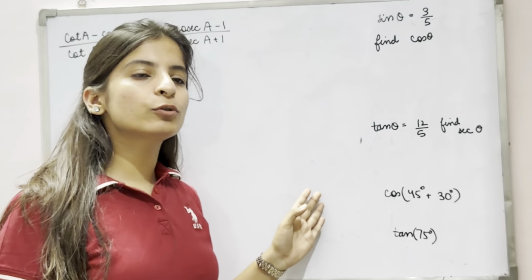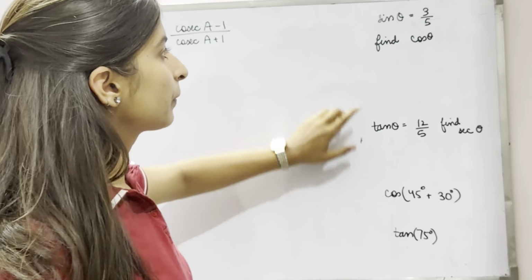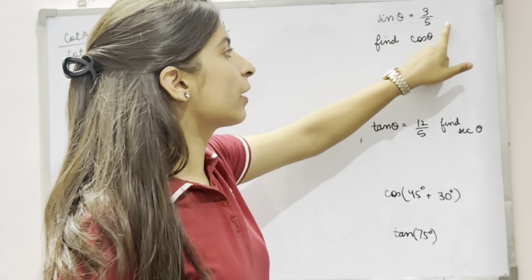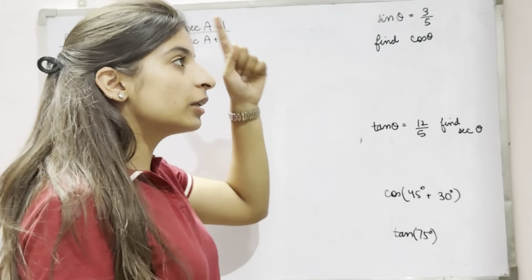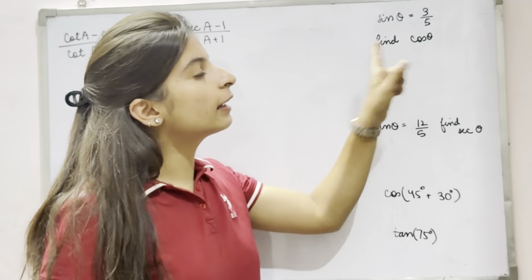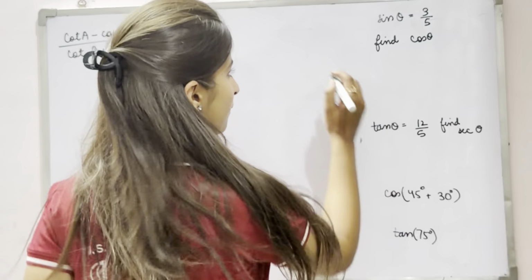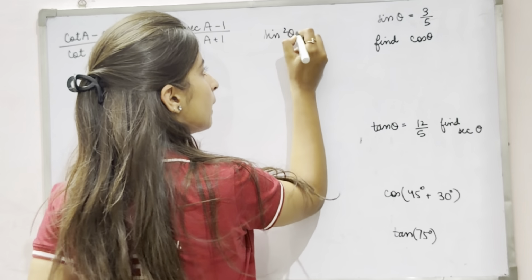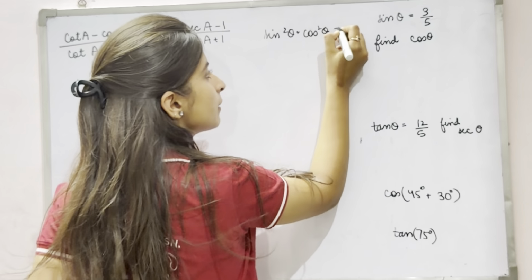Alright, let's now do a few practice questions. Sin theta is 3 by 5. You have to find cos theta. Think of an identity where there are sin theta and cos theta both. Sin square theta plus cos square theta is 1.